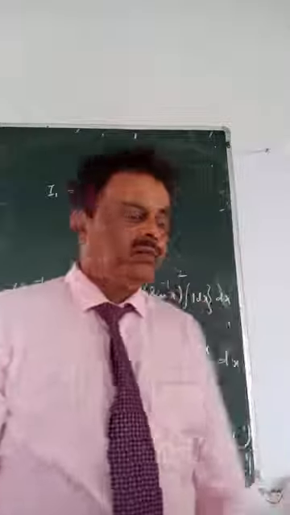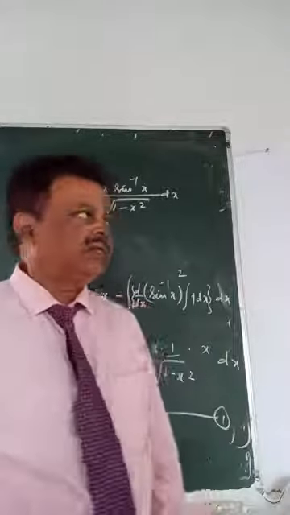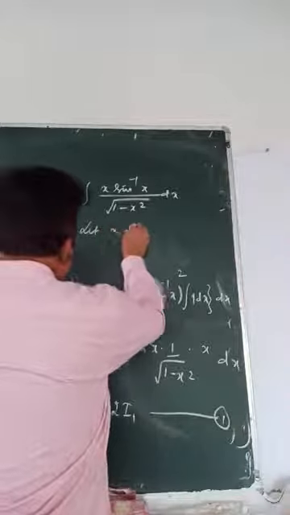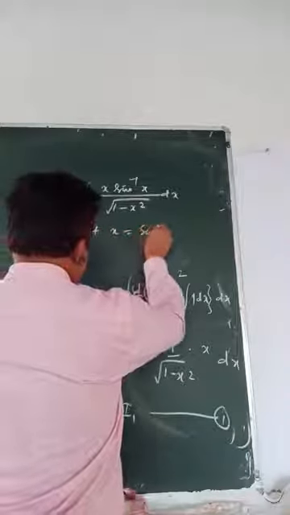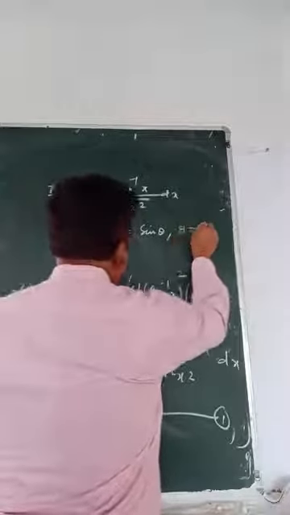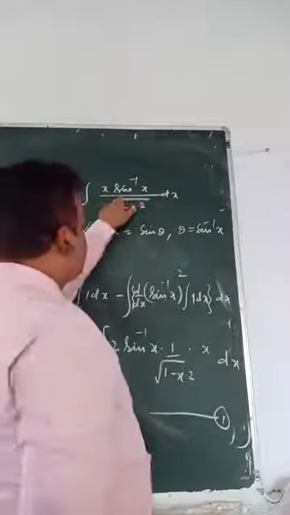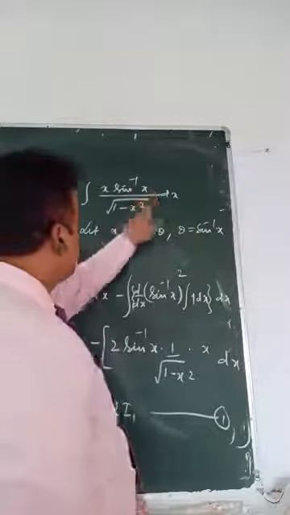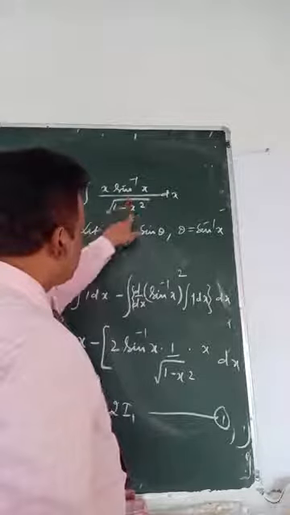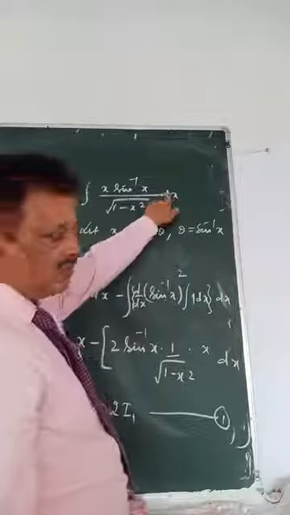Okay, so if you do a substitution, it will be simplified. Substitution means let x equals sin theta. So theta is equal to sin inverse x. Okay, this is theta, this is theta, this will be x sin theta, means root over 1 minus sin square theta over cos theta. So x is sin theta. Only dx value you have to find out.